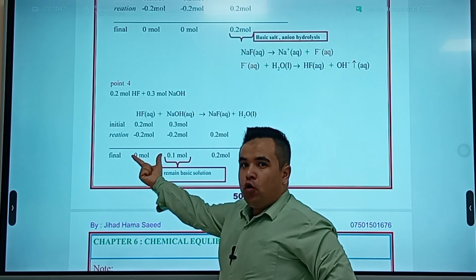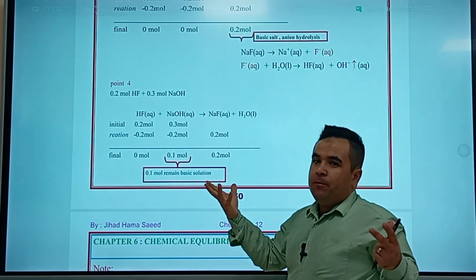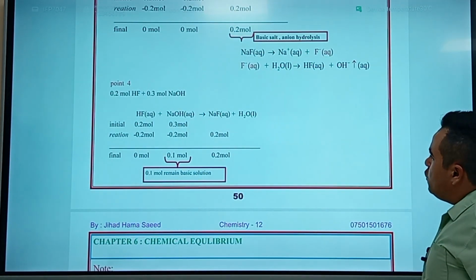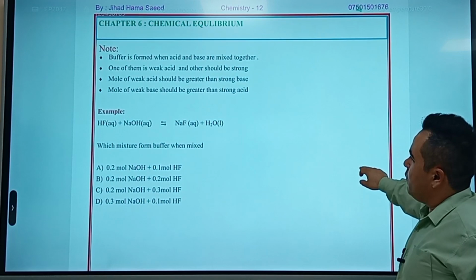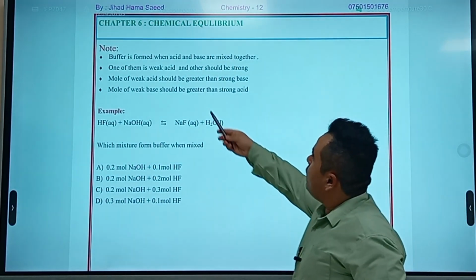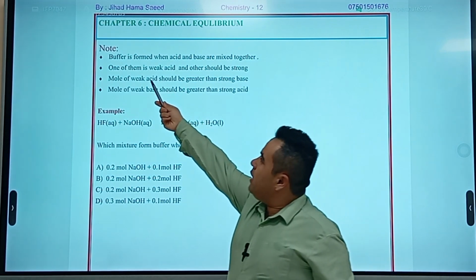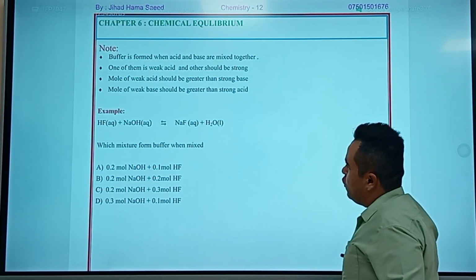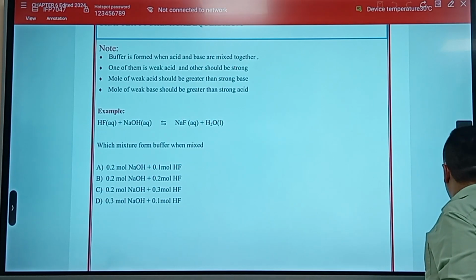The weak has no existence, the strong has existence, so it will not be a buffer solution. The solution cannot be classified as a buffer. A buffer is formed when acid and base are mixed together, but the concentration of the weak must be higher than the strong.